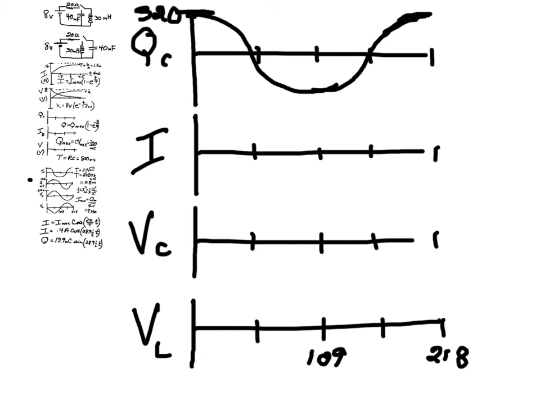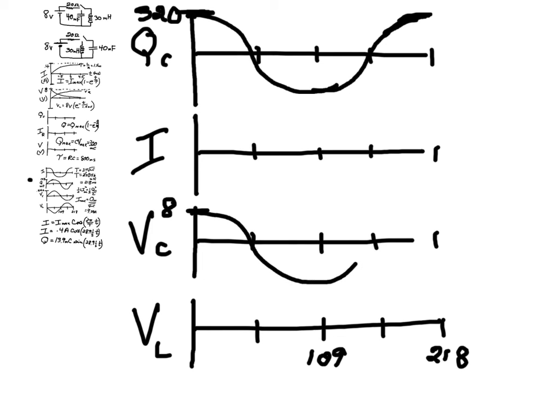Since the capacitor starts charged, it's at full voltage. And in this case, it was charged by the 8-volt battery, so the voltage across the capacitor has to be 8 volts. And it's going to follow the charge on the capacitor, because that's what determines the voltage.